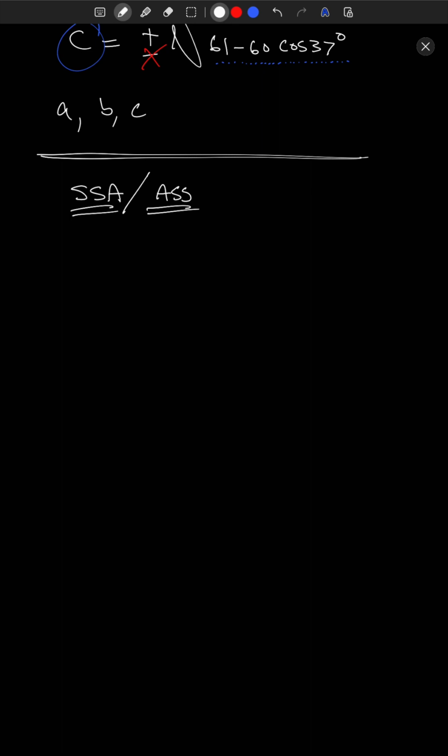Let's try to do this one using the law of cosines and see what happens, right? I think it's going to be a nice computation to do because we'll be able to see why there could be two solutions from a different point of view.